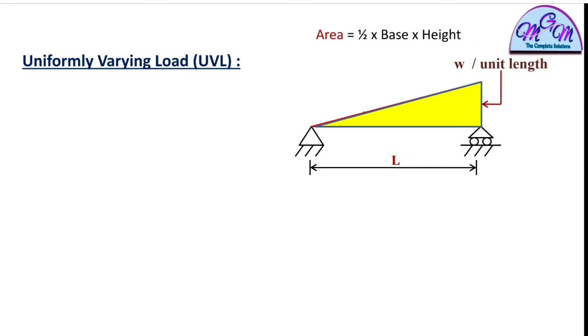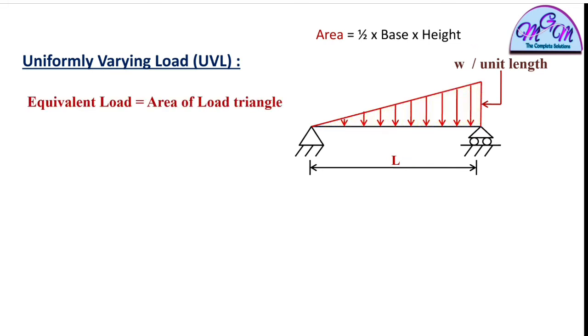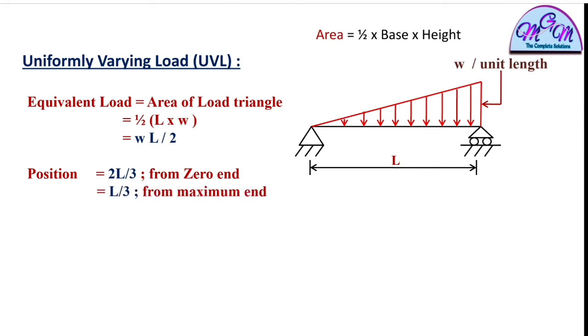So the equivalent load will be equal to the area of the load triangle, and its area will be half into W into L, that means WL by 2, and its position will be 2L by 3 from the 0 end and L by 3 from the maximum end.